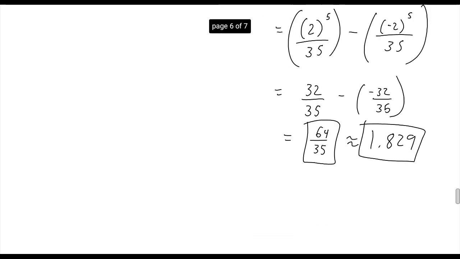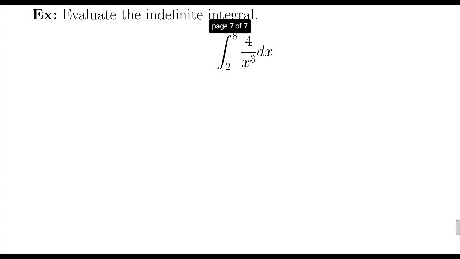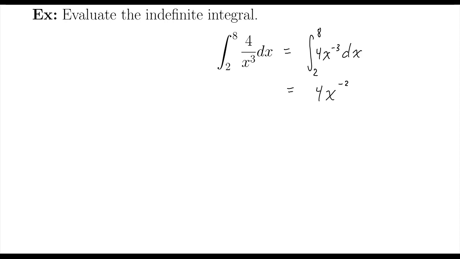Finding some areas here. All right, and let's do this weird one. This is our last example. Remember we did rewrite this one as 4x to the negative 3rd power. So its antiderivative, add 1 to the exponent, negative 3 plus 1 is negative 2, divided by negative 2. We're going to evaluate this from 2 to 8.